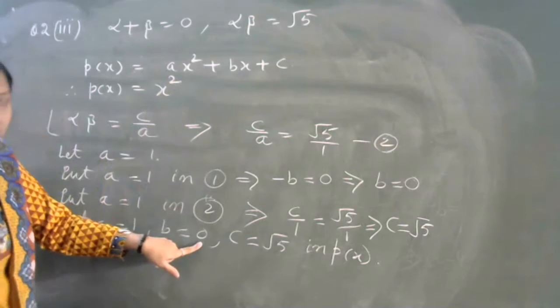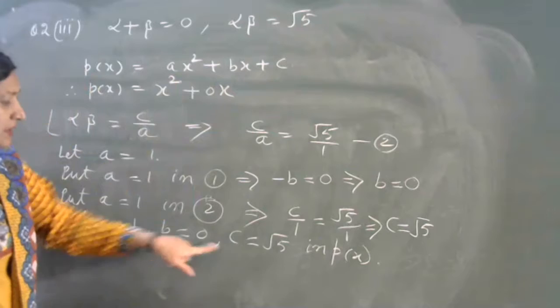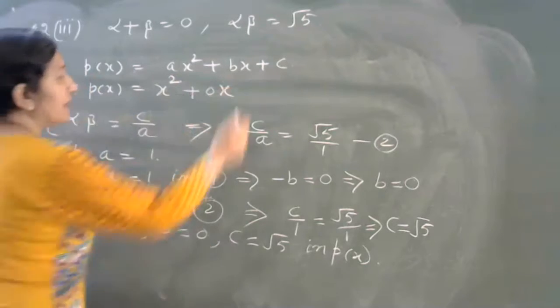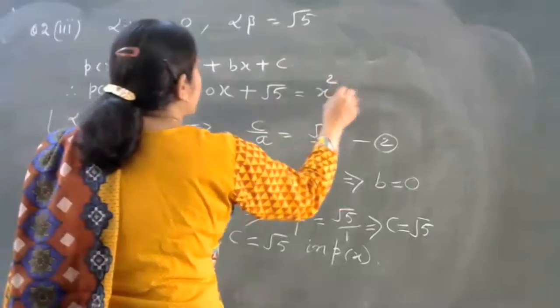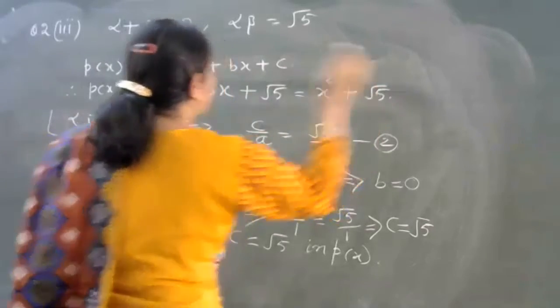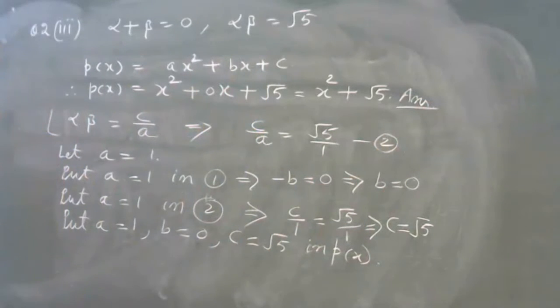B is 0. Either you will write it as 0x or no need to write this term. Then plus c. Value of c is under root 5, which can be written as x square plus under root 5. So it is the answer. Note down the question. If any problem is there, you will raise the hand. In last 10 minutes, we can discuss your doubts.